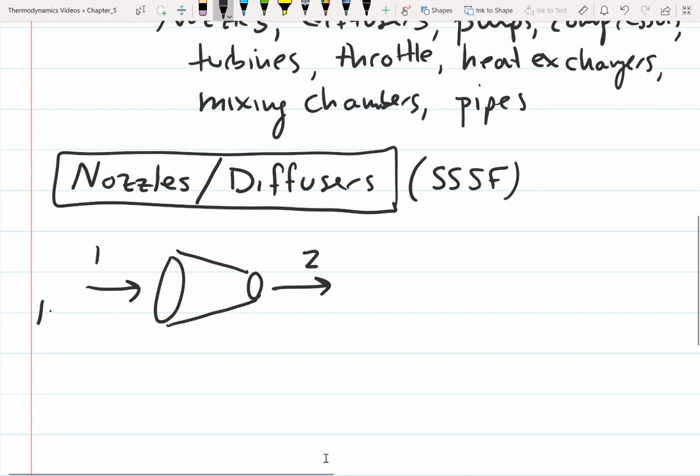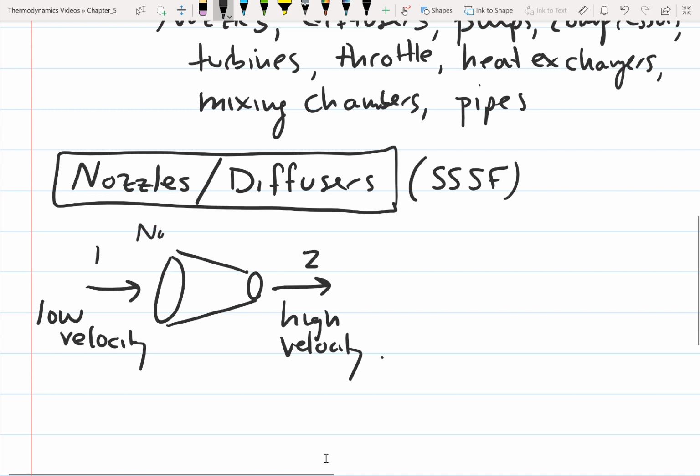Basically we're increasing the velocity at the expense of pressure. This increase in velocity is causing a drop in pressure, and we know that from Bernoulli's principle. We're giving up pressure to increase our velocity.